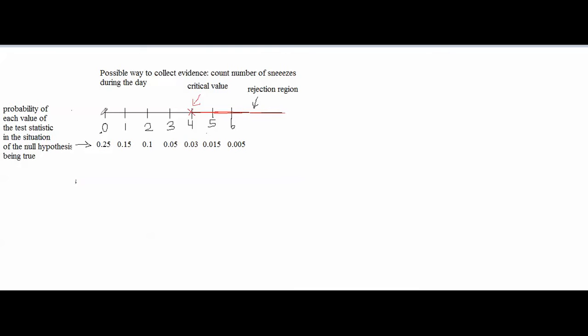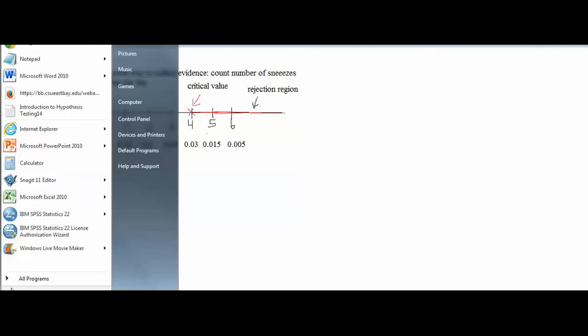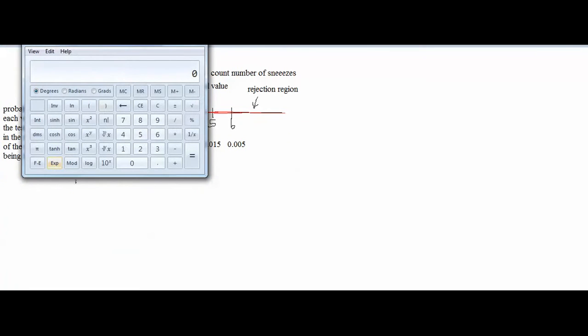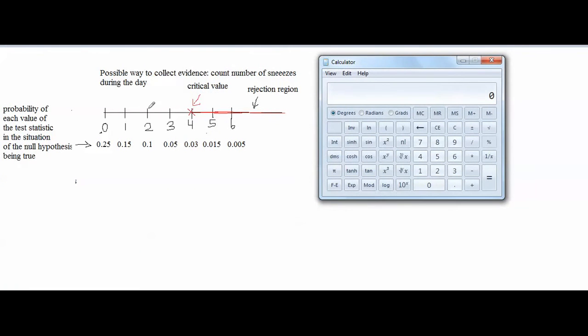What we need to do is start here at 0, and add the probability of 0 happening when the null hypothesis is true, and add that with all of the other probabilities of all of the higher outcomes. So let's add them together. So we're adding the probabilities of all outcomes starting at 0 and going above.